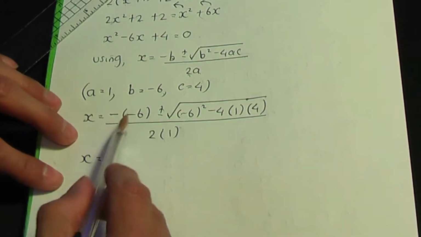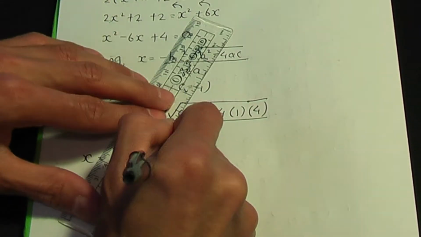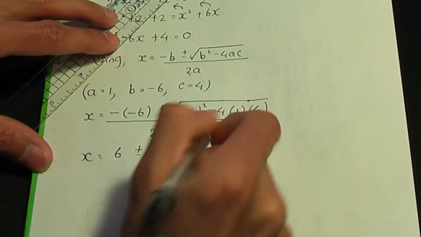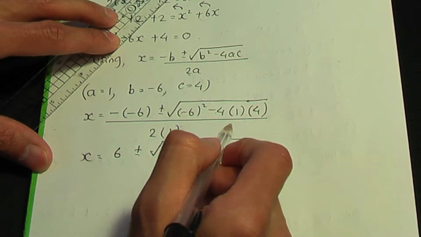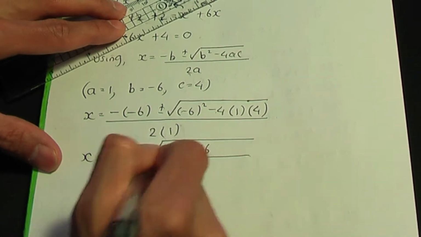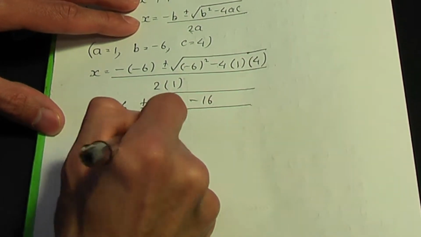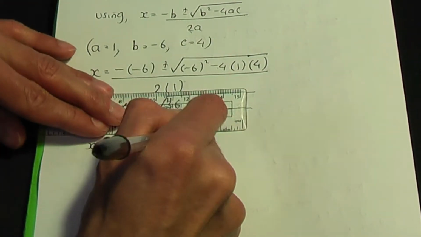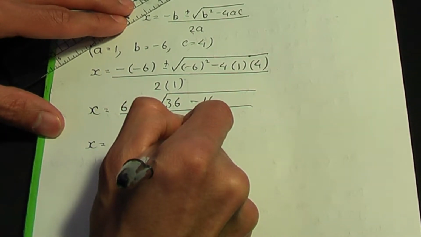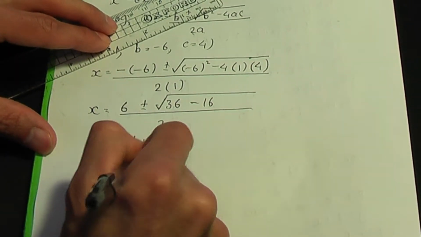So from here on, let's expand the brackets. So minus into minus 6 is plus 6, plus or minus square root. Minus 6 squared is plus 36. Minus 4 times 1 times 4 is minus 16, divided by 2 into 1, which is 2. Okay, and if I simplify further, I'll have 6 plus or minus square root. 36 minus 16 is 20, divided by 2 in this case.